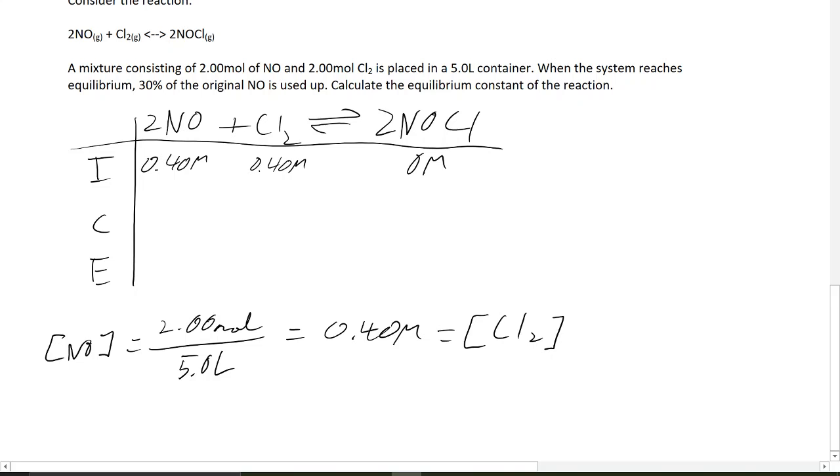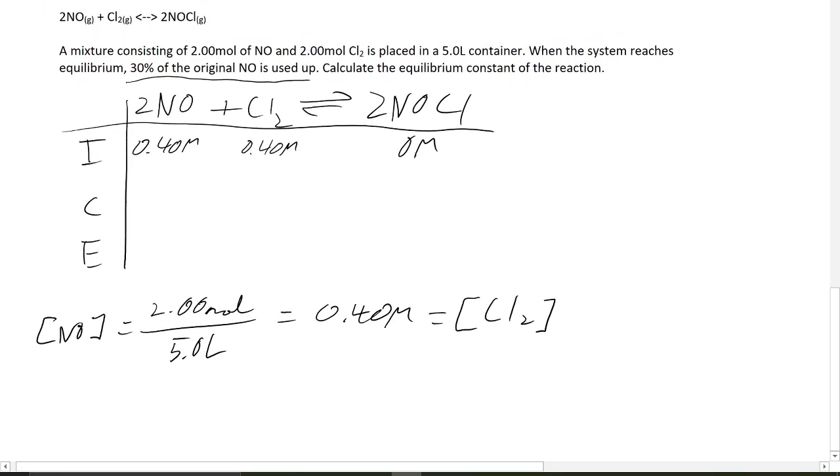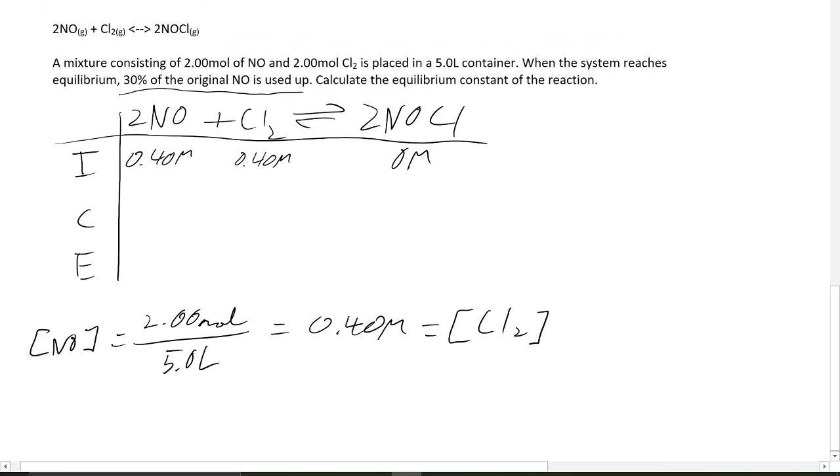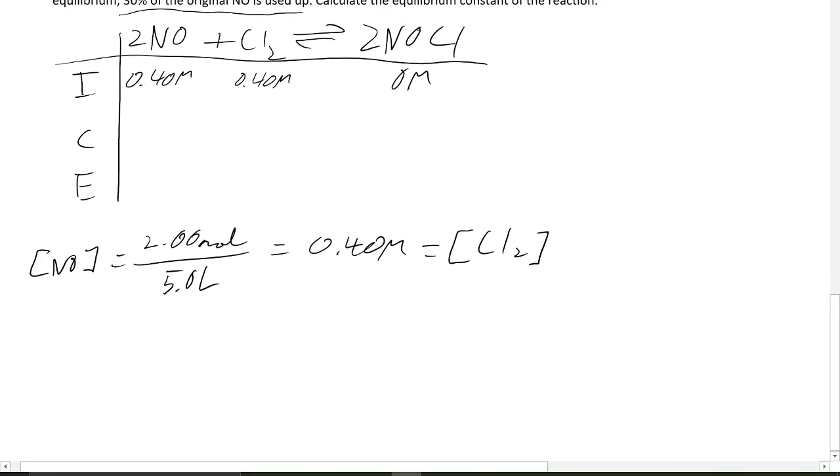Next, we're given this piece of information: 30% of the original NO is used up. And this is our change. But first we need to calculate what 30% of the original NO is.